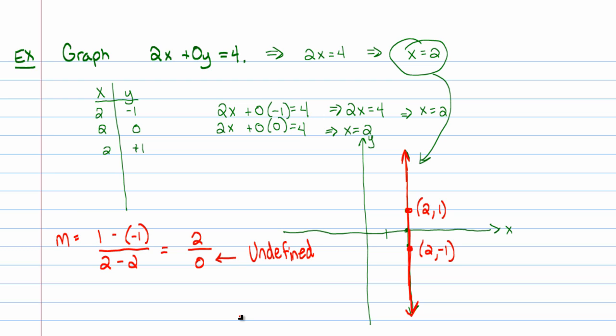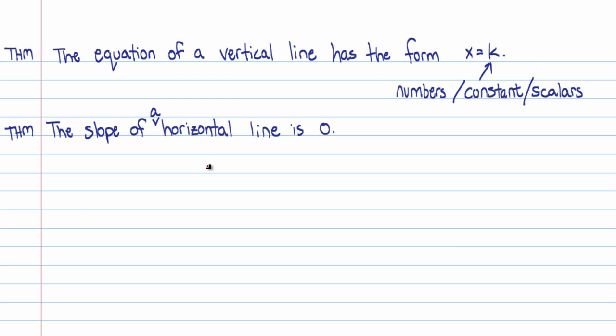There's a lot of justifications. If somebody's just told you in the past that a number is undefined if you're dividing it by 0, I'll give you a justification for this at the end of this video. But for right now, it's good to know that the slope of a vertical line is considered to be undefined. I'll go ahead and write that as a theorem.